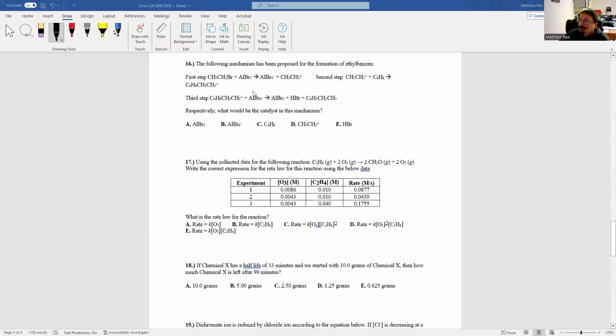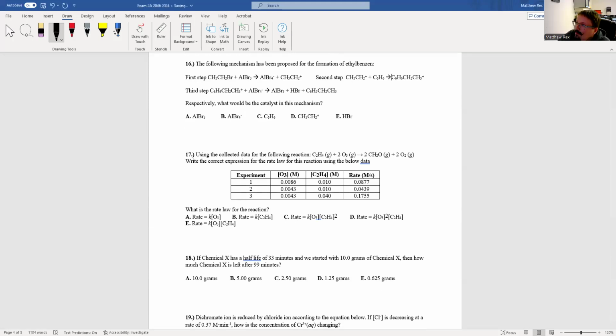Question 16, we have 3 steps. We're looking for the catalyst. If you go through these, you're looking at first step, CH3CH2Br, AlBr3. Oh, this thing cut it off, didn't it? There. Second step: you can see these are in common between these 2 steps, so that's going to get canceled.